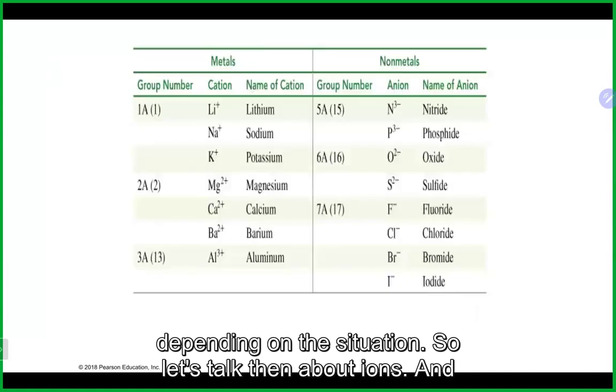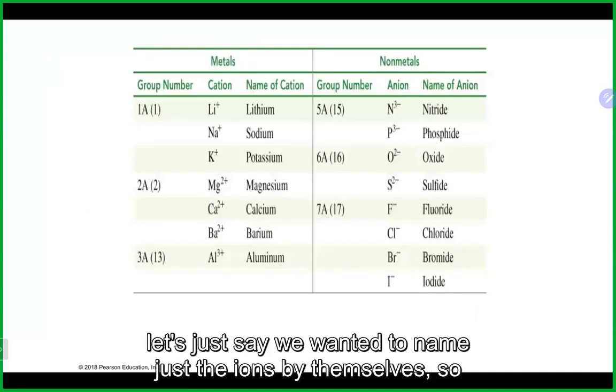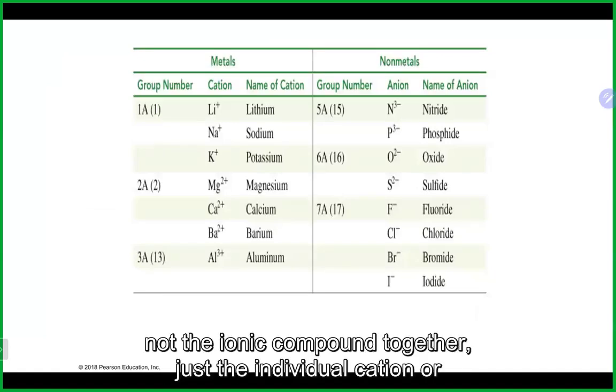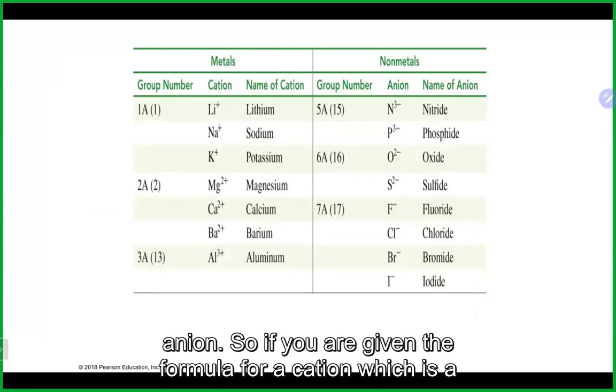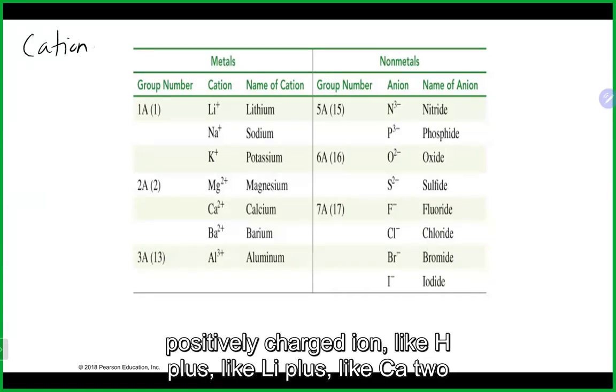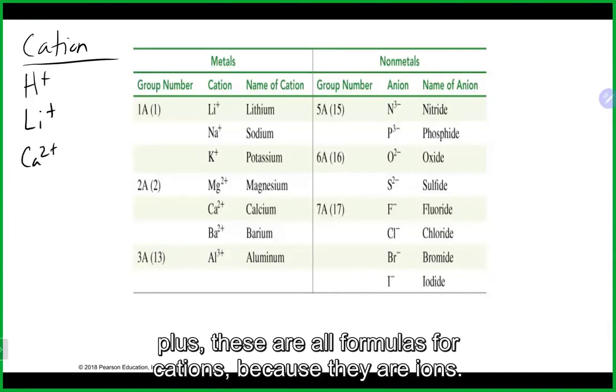So let's talk then about ions. And let's just say we wanted to name just the ions by themselves. So not the ionic compound together, just the individual cation or anion. So if you are given the formula for a cation, which is a positively charged ion, like H+, like Li+, like Ca2+, these are all formulas for cations.